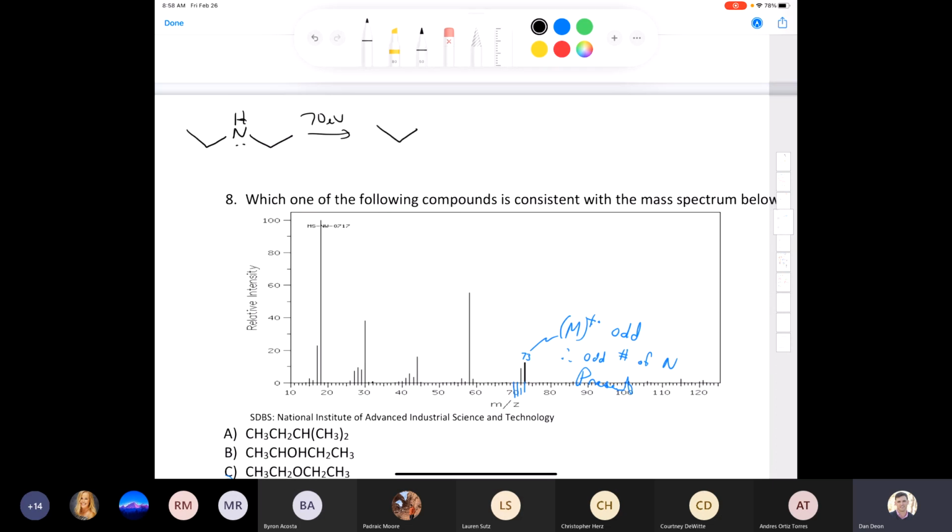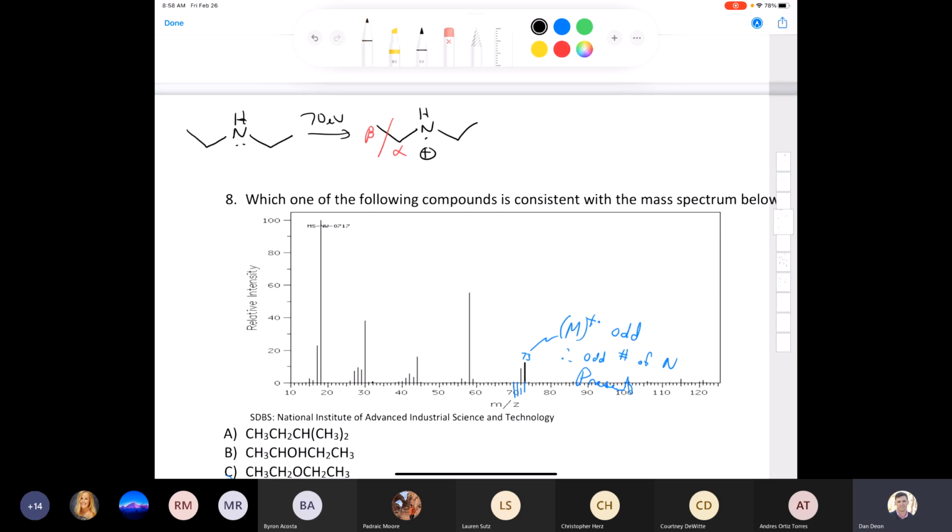You make a radical cation. So you end up with something that looks like this. Okay? And then if this is the alpha carbon here, this is also an alpha carbon, but since it's symmetrical, we'll just draw one of them. You can break that bond between the alpha carbon and the beta carbon right here. So if we break that, we end up losing a methyl radical.